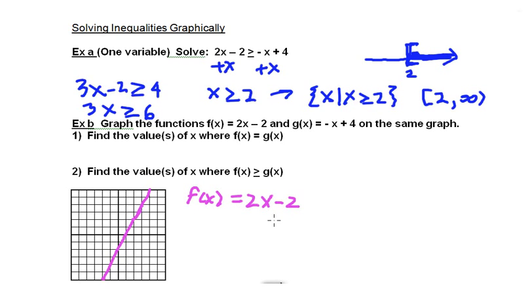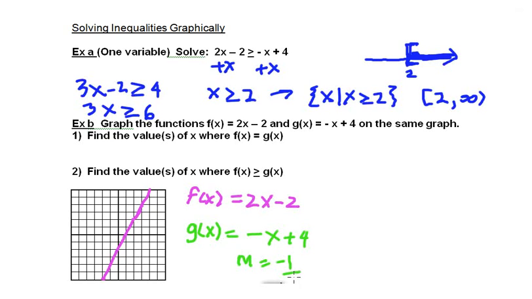Next, we want to take a look at g of x. So here we've got our g of x function, which I'll write down here. We have g of x is equal to negative x plus 4. And again, we can think of this as a line where g of x is equal to y, and the slope is equal to negative 1.